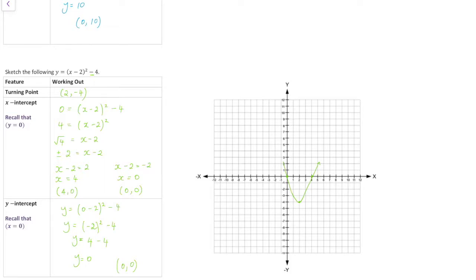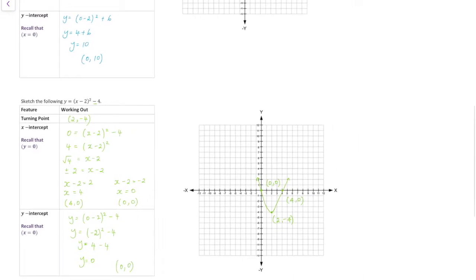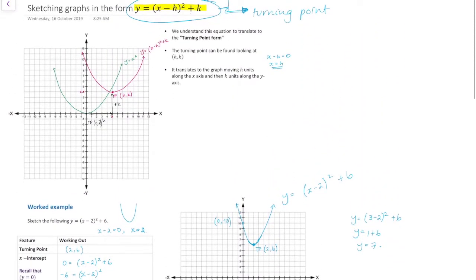Again, it's going to look a lot different depending on the way you scale your graph and how big it is. I've just used a scale I found online, so it's not going to look as perfect, but we're going to try. So again, our turning point here is now 2 and negative 4. We've got an x-intercept at 4, 0 and 0, 0. And that's it. So hopefully now you're able to grasp sketching graphs in the form of y equals x minus h all squared plus k.